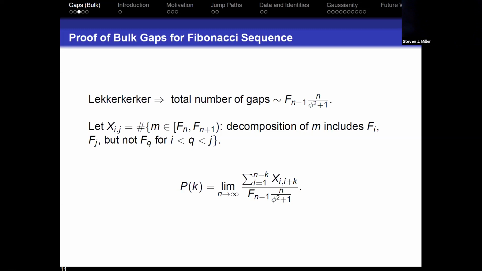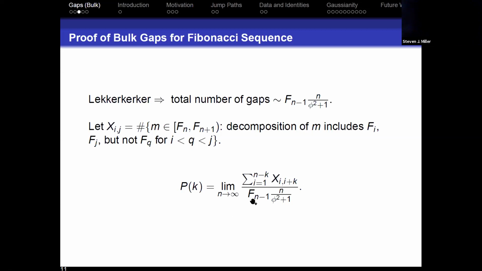So the numerator is going to just count how many gaps of length k we have. And if you have a gap of length k, it has to have a starting point, and then it ends k things later. And then if I want to find the probability of a gap of length k, I would take how many gaps there are of length k and divide that by how many gaps there are.